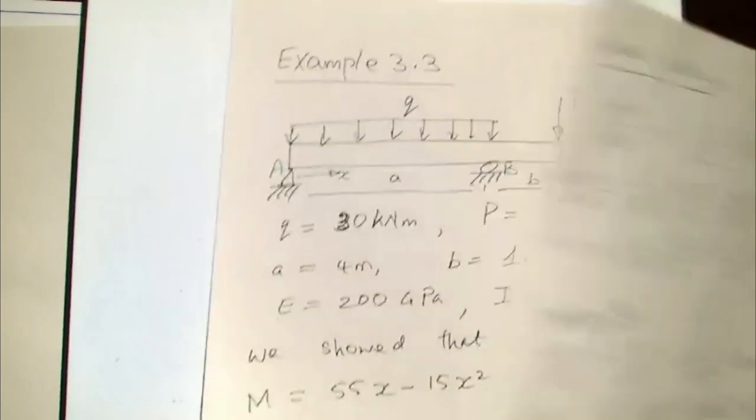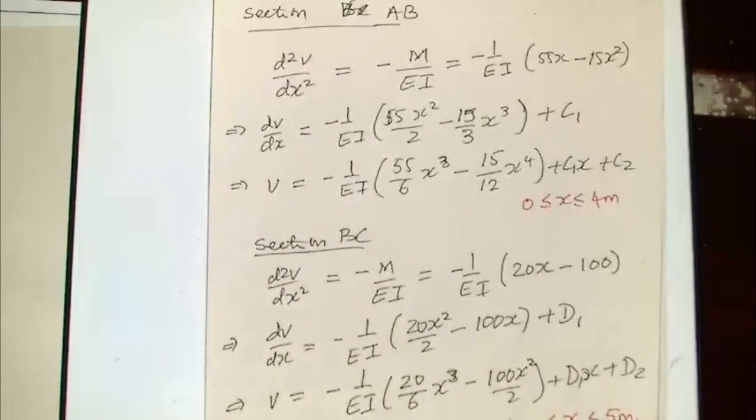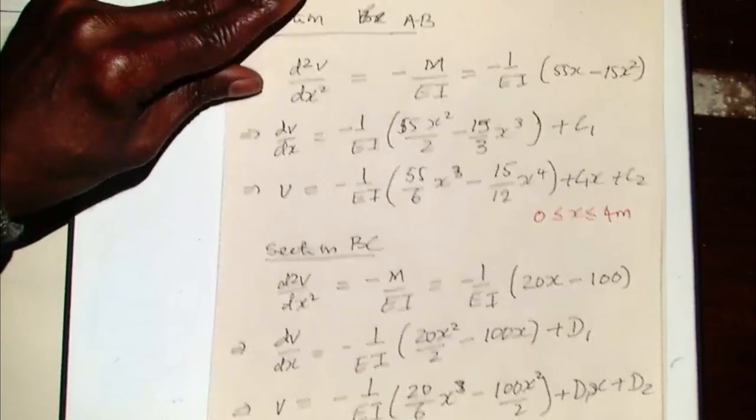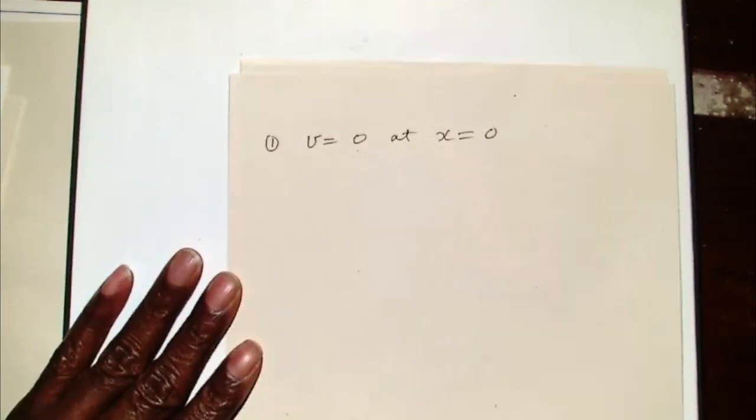So let's start from those 2. Within the first section AB, I'm going to apply those 2, and then we'll see what that will give us. The first condition is what happened at point A. So we say condition number 1, that V equals 0 at x equals 0.